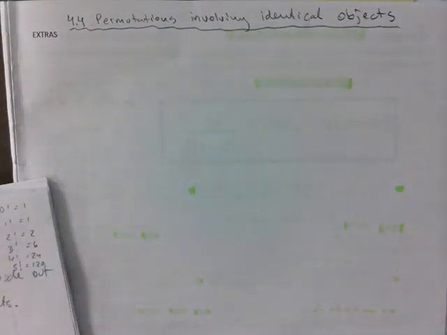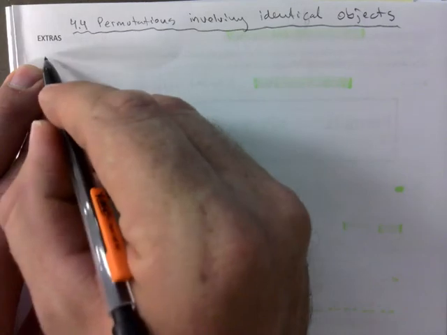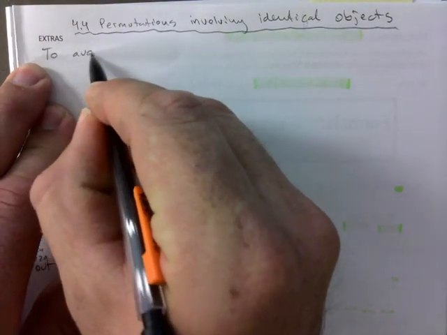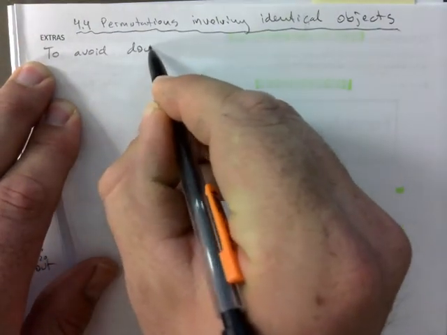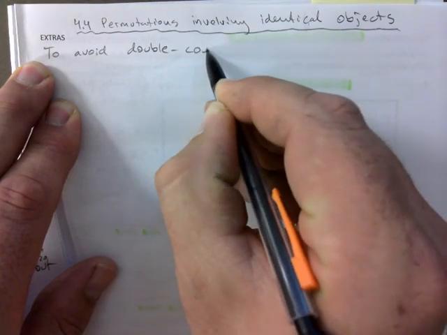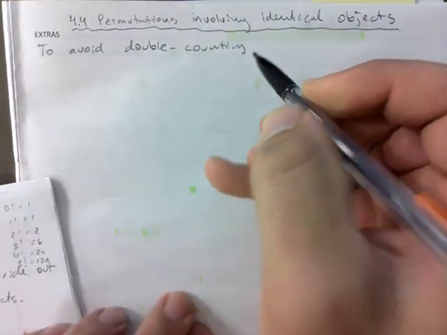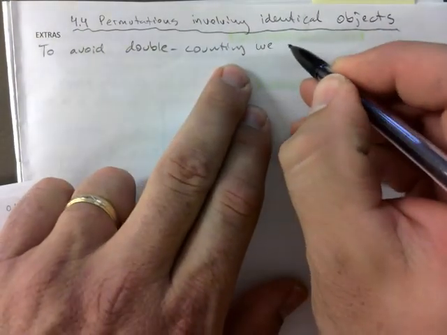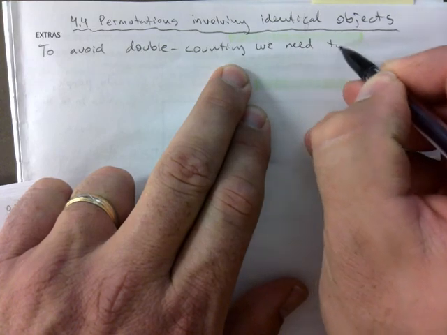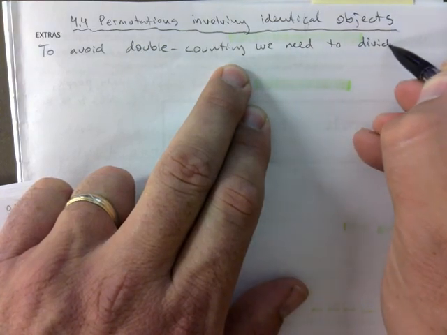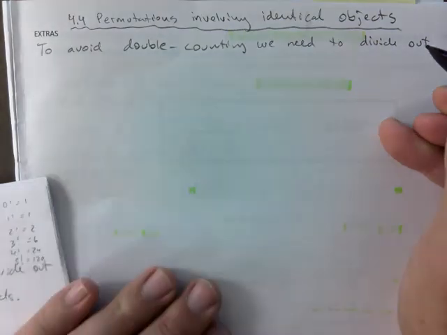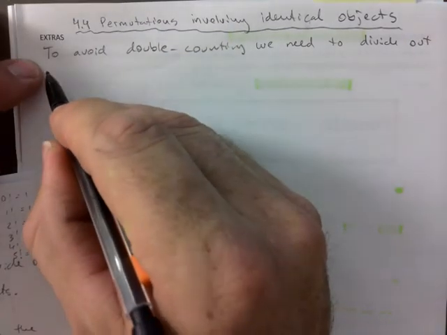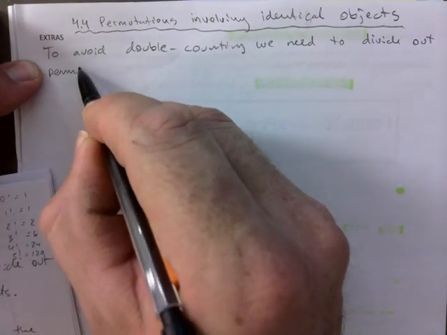To avoid double counting, we need to divide out permutations.